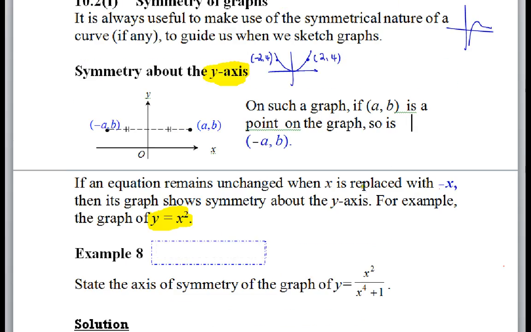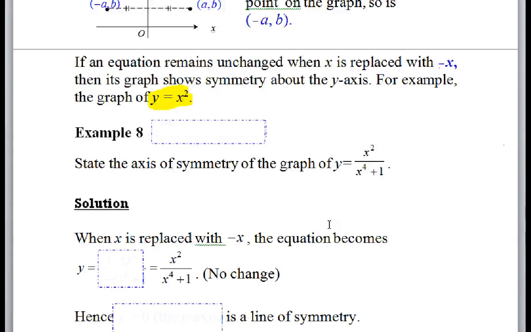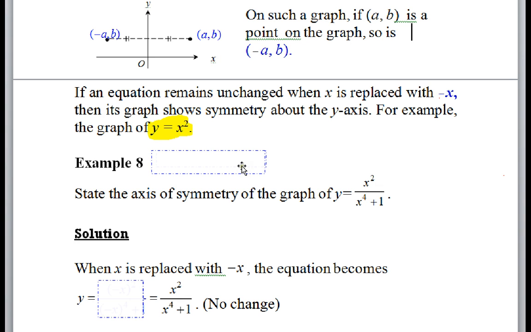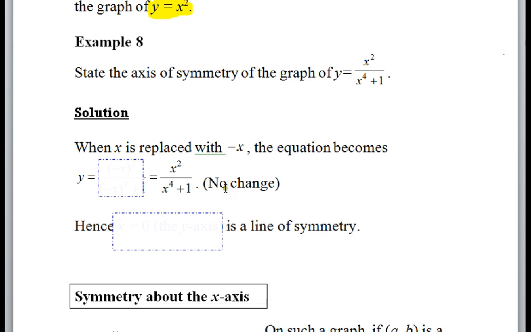Example 8. Let's look here. If x is replaced by negative x, what happens?